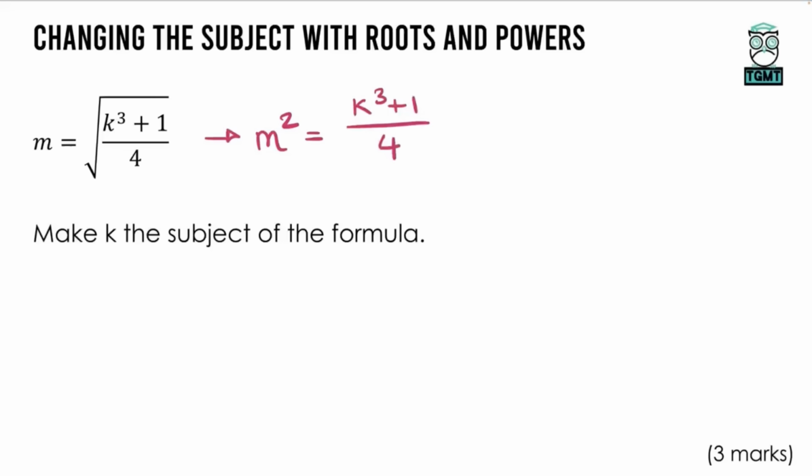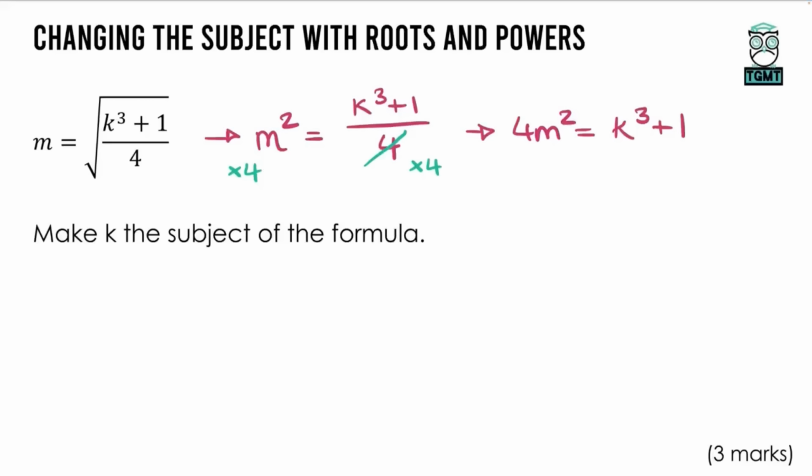We now have a fraction, which is stopping us from moving pieces on the numerator. So to get rid of the fraction, we're going to need to multiply by 4, as that obviously means dividing by 4 on the bottom. That's going to remove this divide by 4. And then on the left, we will have 4m squared now. And that's now equal to k cubed plus 1. Now at this point, you've got two options.